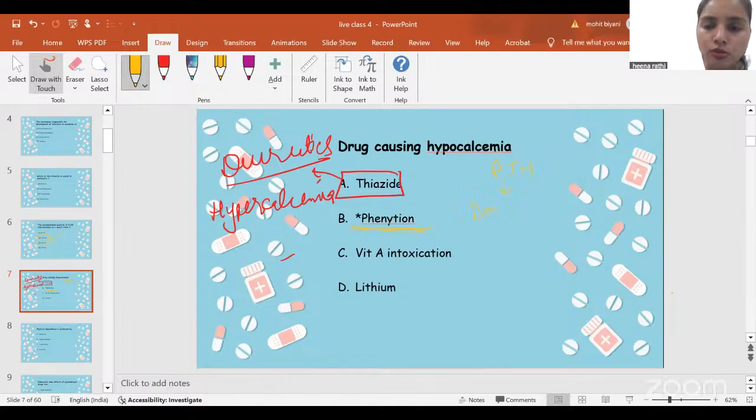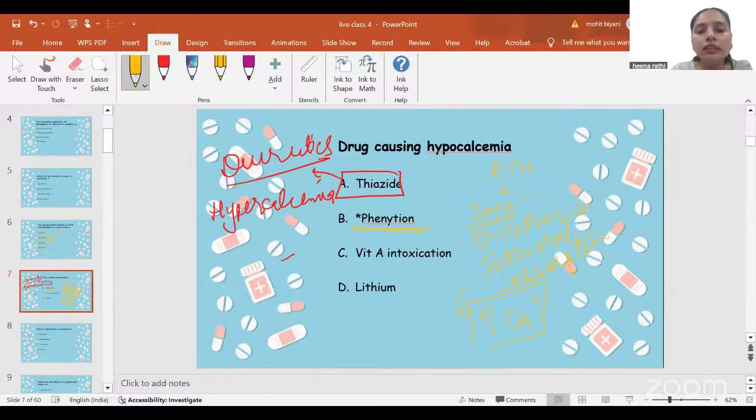How is it going to increase it? It can take the calcium from the bone. It reduces the excretion of the calcium. Third, it will increase the intestinal absorption of calcium. In this way, it is going to increase the calcium level in the body and produce the effect called hypercalcemia.